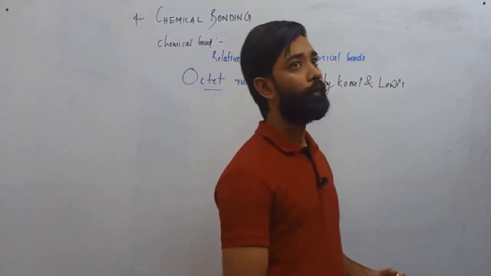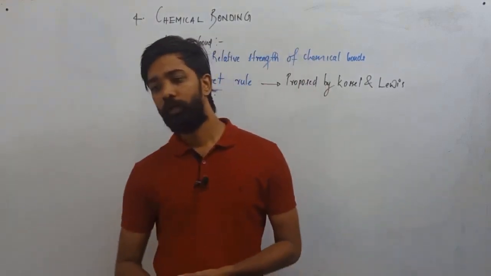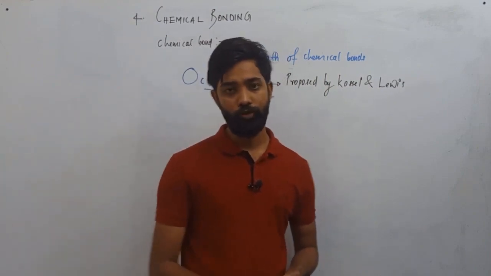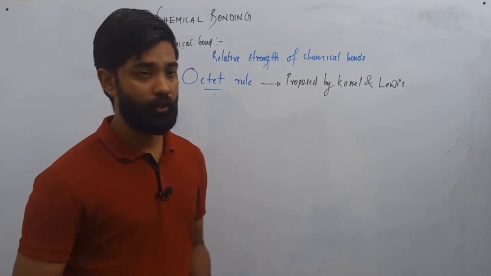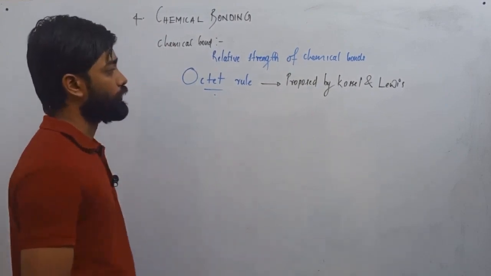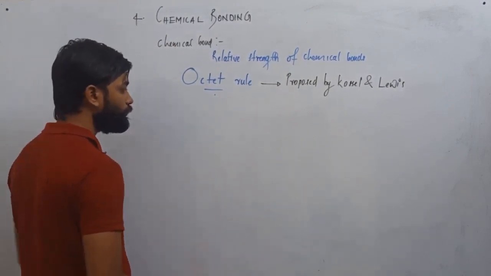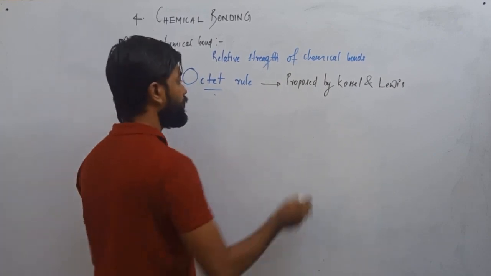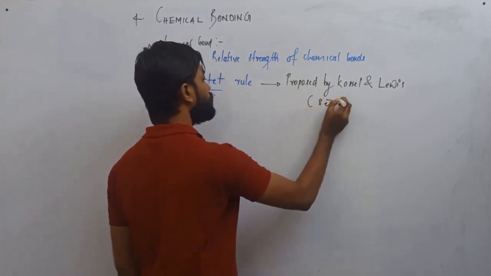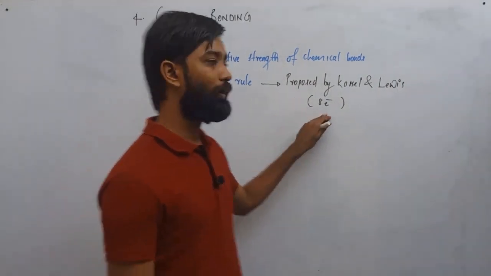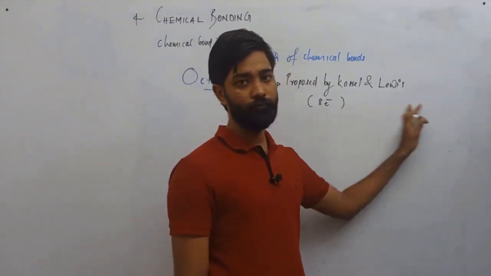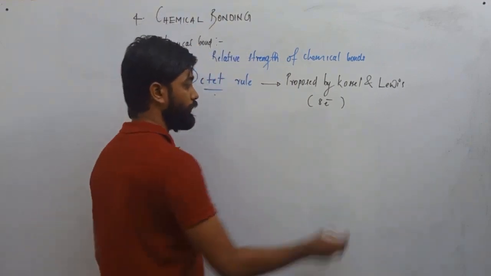So you define that atoms combine to form compounds to make an octet in their outer shell. After octet, you place 8 electrons in brackets, then in the outer shell.